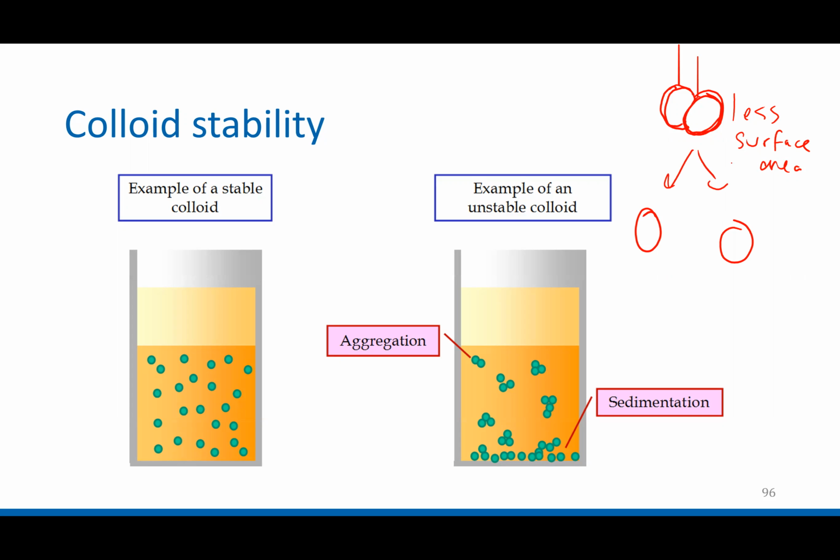Surface area is the area on the surface, so if the two molecules are touching each other, there's less surface available. Molecules, colloids, any chemical really, wants to minimize surface area. So one way a colloid can become unstable is aggregation. Aggregation is when the molecules join together to reduce their surface area, and they become larger and larger, and they're not as mixed in the colloid.